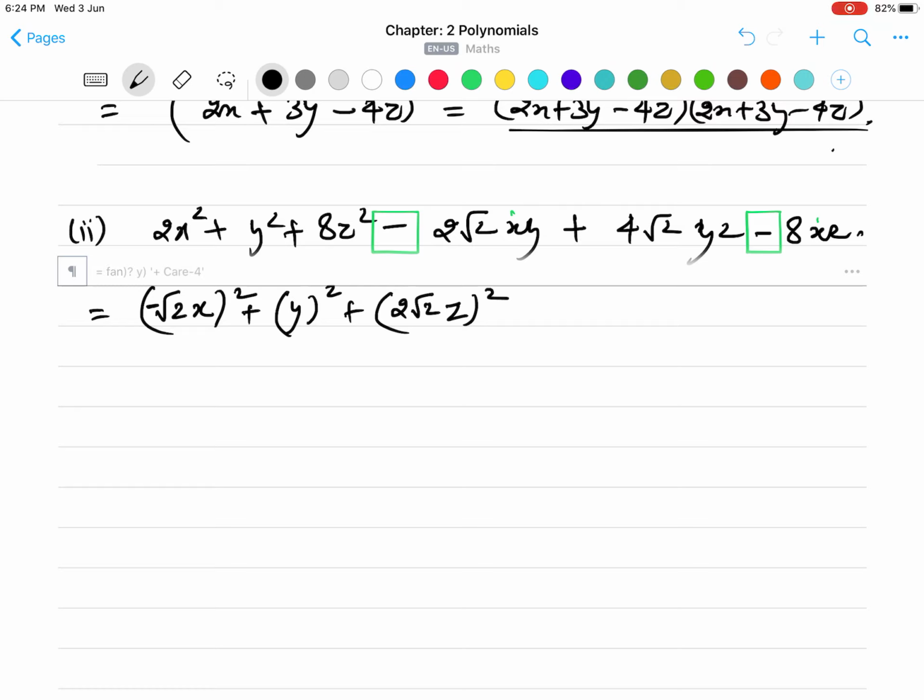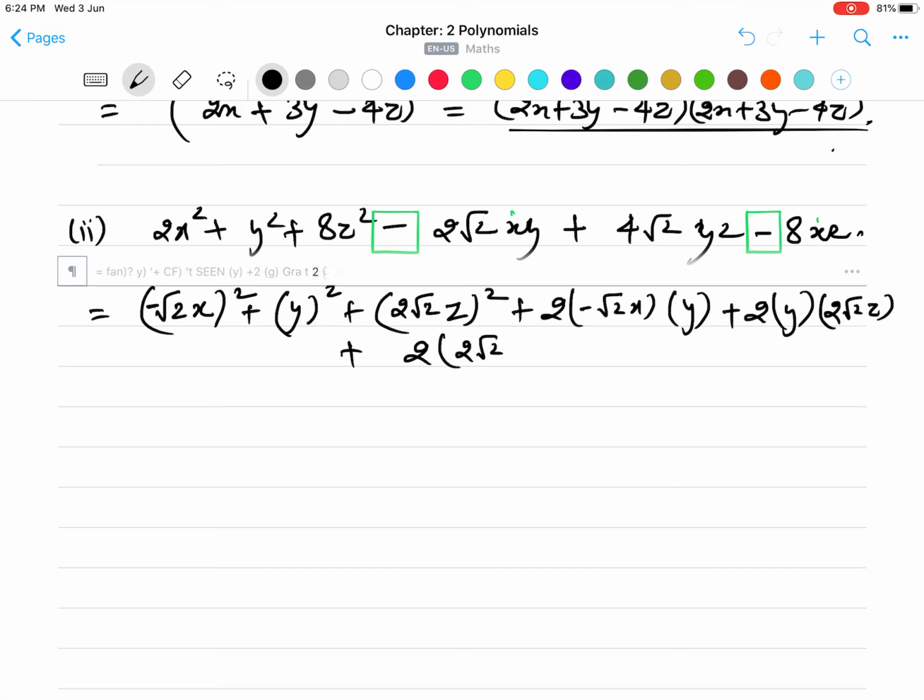So now we have 2xy. 2x is minus root 2 x, into y is y, then we have plus 2yz. y is y, z is 2 root 2 z, then we have plus 2zx. z is 2 root 2 z into x is minus root 2 x.